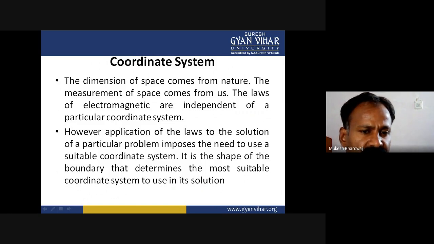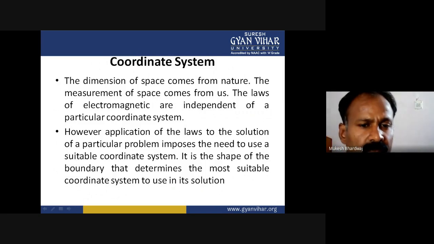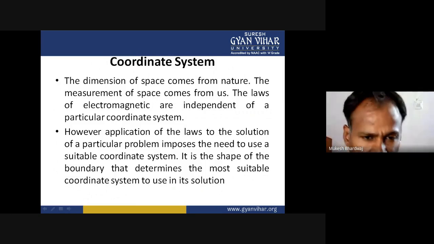However, application of the laws to the solution of a particular problem imposes the need to use a suitable coordinate system. It is the shape of boundaries that determines the most suitable coordinate system to use in its solution.